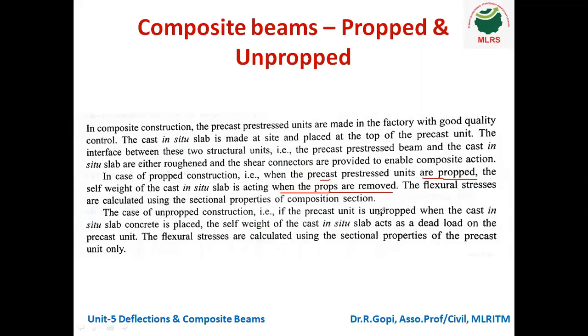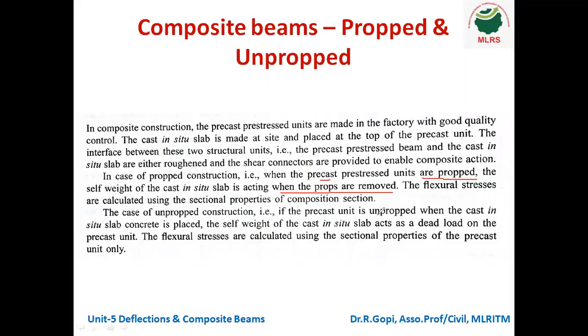Okay, so at that time, while casting, props are there. So the self weight of the slab is taken care of by the props. After hardening, we remove the props. So now what happened? Automatically, the self weight of the member is transferred to the beam only.